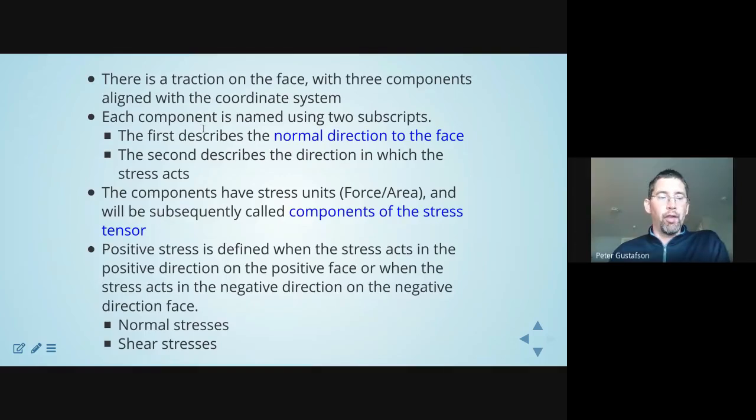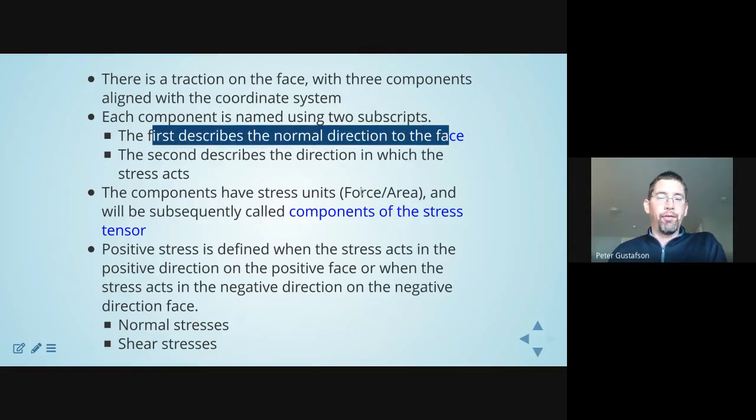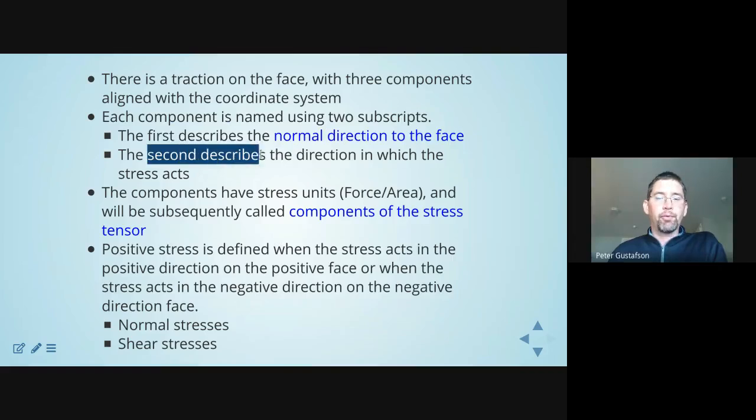So going back to this slide with the text on it, again, we have a normal direction. The first subscript describes the normal direction of the face. The second subscript describes the direction in which that traction acts for that particular component. In all of these cases, the components of stress have units of force per area.